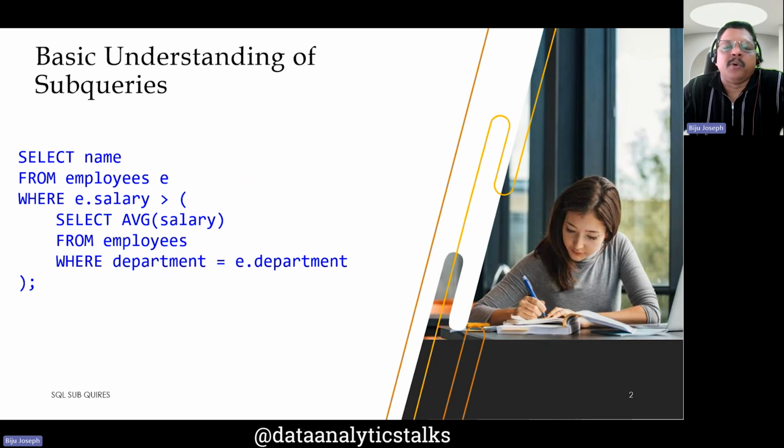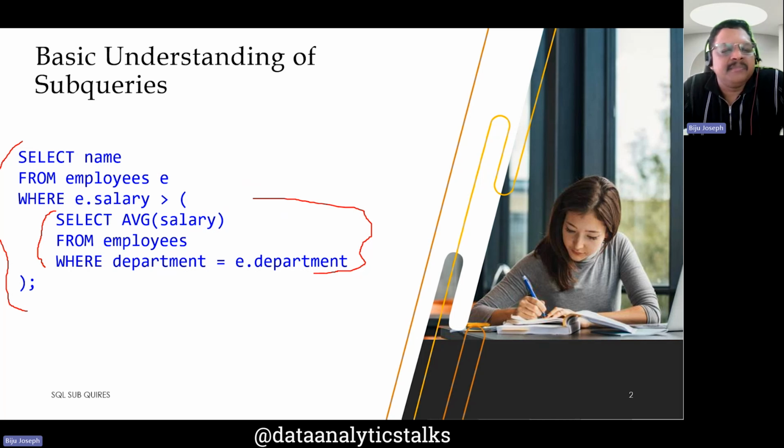As I mentioned, a subquery is nested inside another query. Here you can see that we have a select average salary from employee where department equal to E dot department. This is a subquery which is nested within the main query, right?